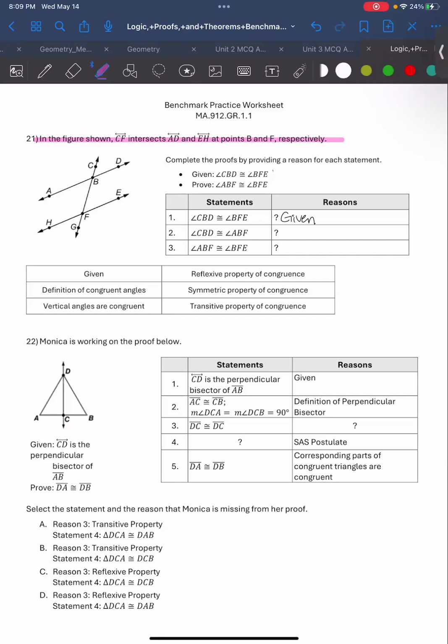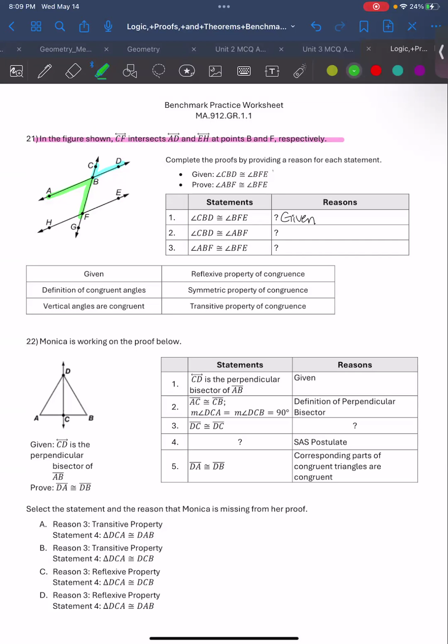Now the next thing was CBD and ABF. Someone typed in chat vertical. Is that right? Yeah, I already answered that. We're good with that, or do you need me to say it again?